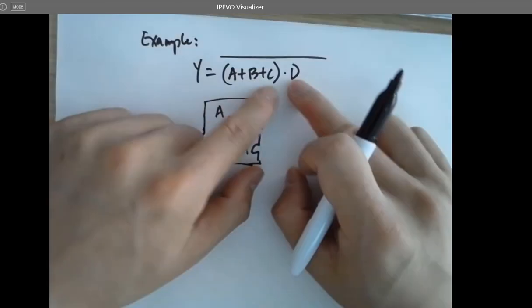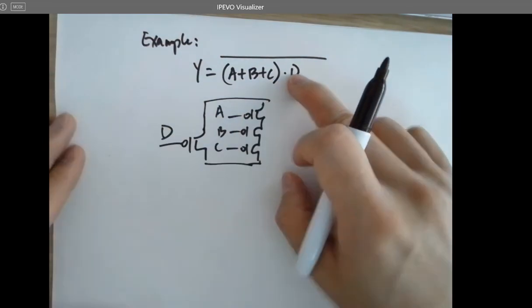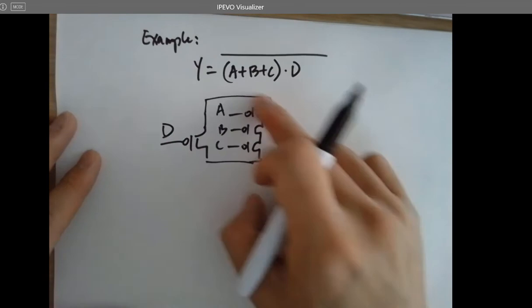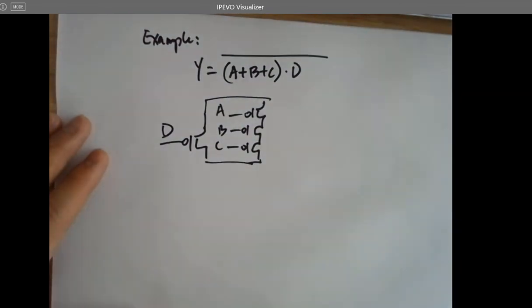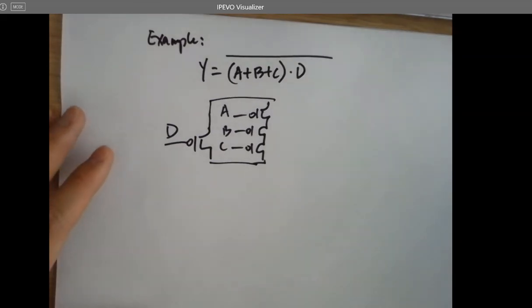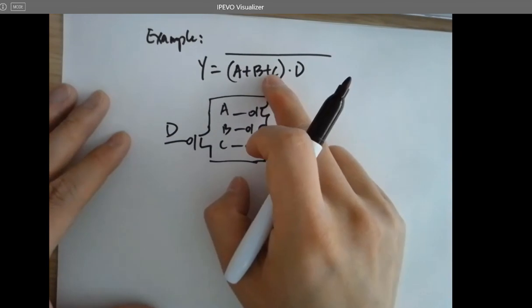These two parts are AND logic being connected by this AND logic. So D and whatever here. So actually D and here, these two should be in series, right? And the OR logic here should be in parallel.